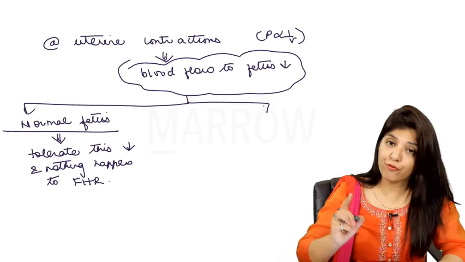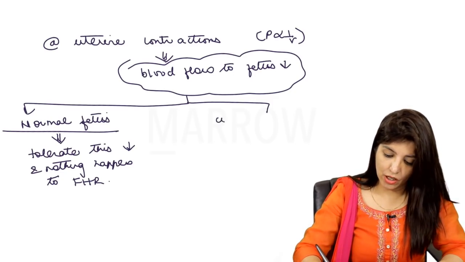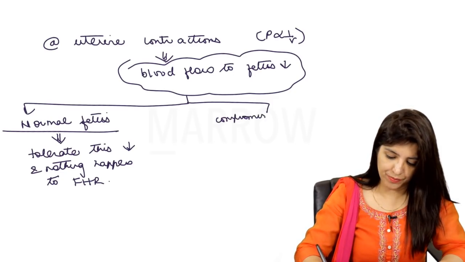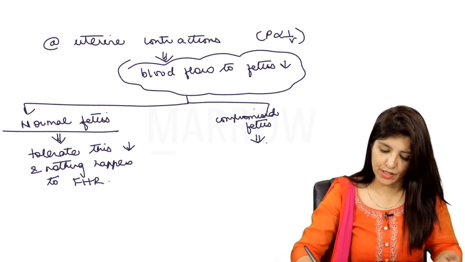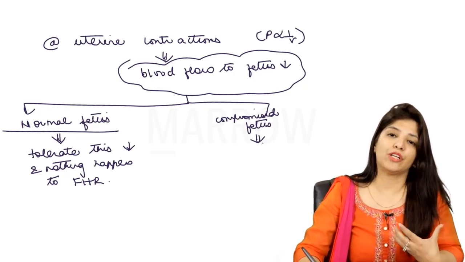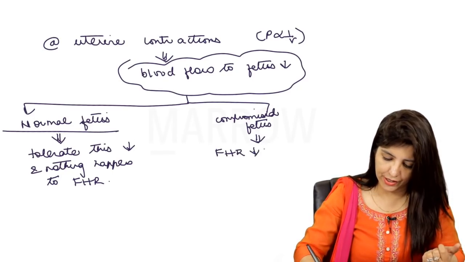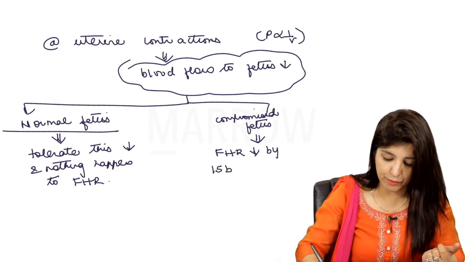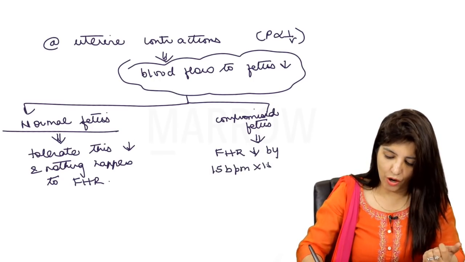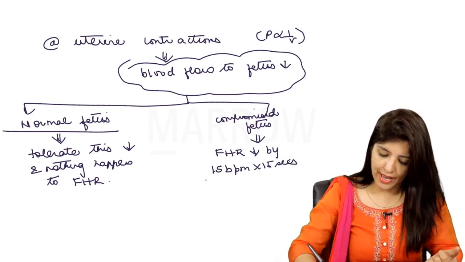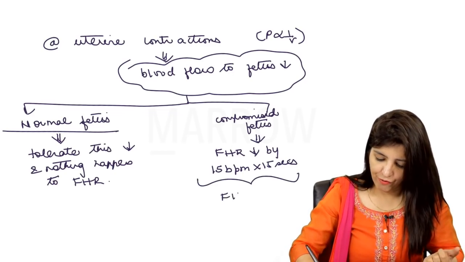But if this fetus is a compromised fetus, because it is already compromised, the fetal heart rate decreases by 15 beats per minute for 15 seconds. And this is called fetal heart rate deceleration.